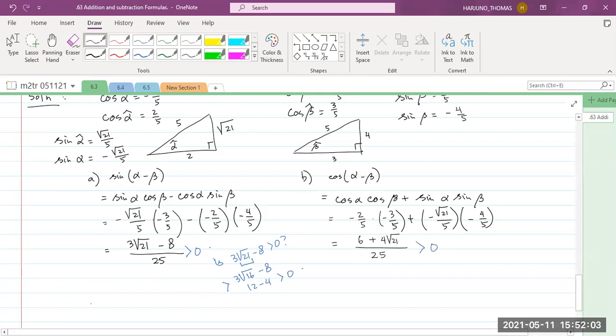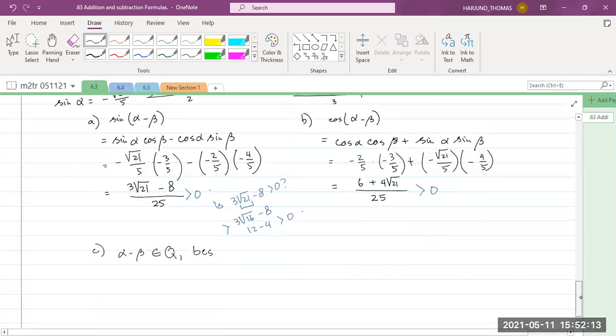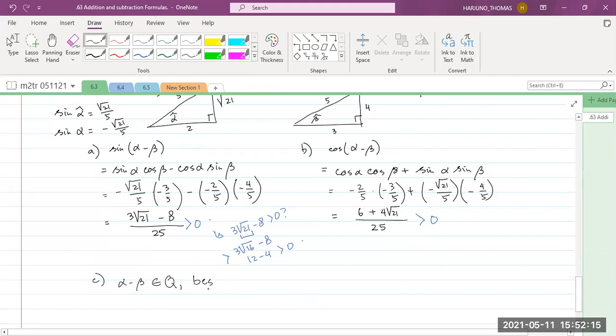So part C: alpha minus beta is in quadrant 1 because I don't need to know who you are, I just need to know what you do. From there, I know who you are. Because sine of that angle is positive, and cosine of that angle is also positive.